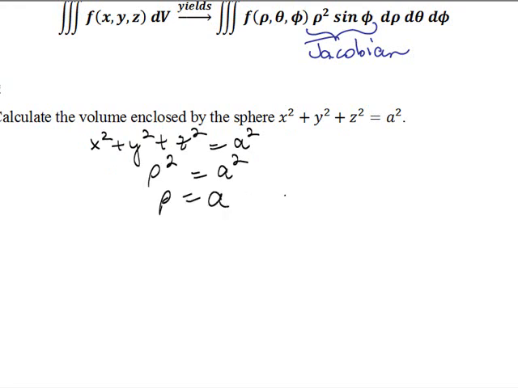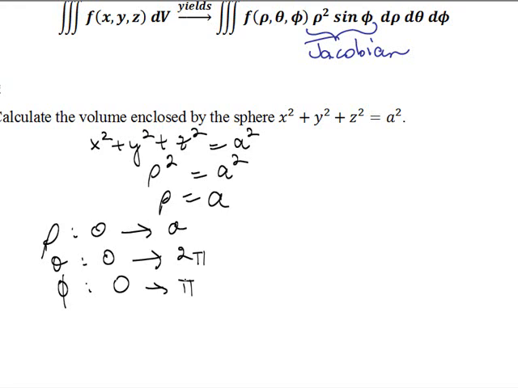So rho is a, right? So this tells you that rho goes from 0 to a. Now, it's an entire sphere, so theta would go from 0 to 2 pi, and phi goes from 0 to pi.